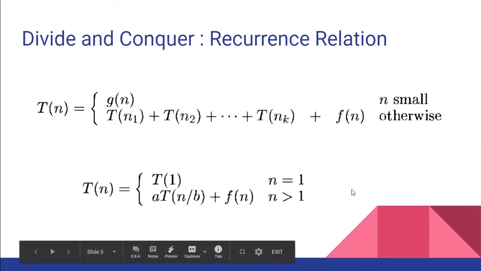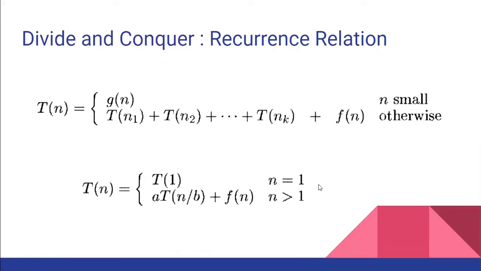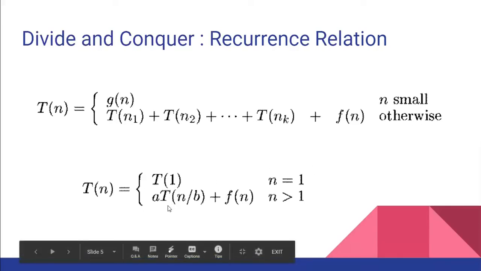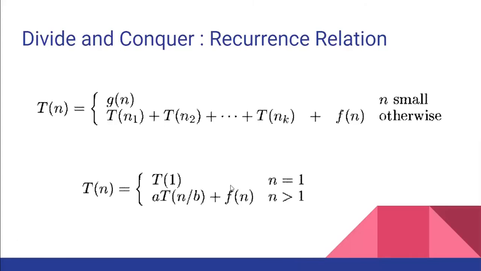So this should always be kept in mind, and this is required for calculating the time complexity of any problem which can be solved using a divide and conquer algorithm. So you have to keep in mind T of n is equal to T of 1 when n equals 1. Otherwise, it is a T of n by b plus f of n. And this recurrence equation can be solved using a method called the substitution method.